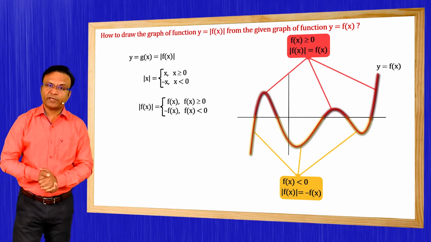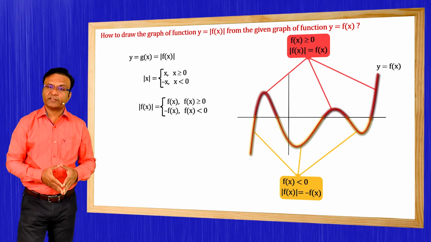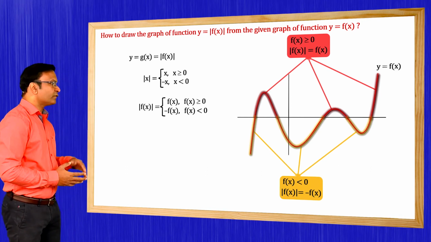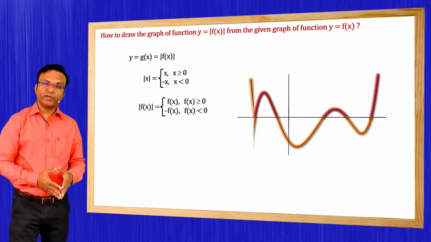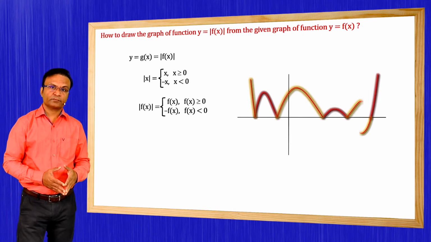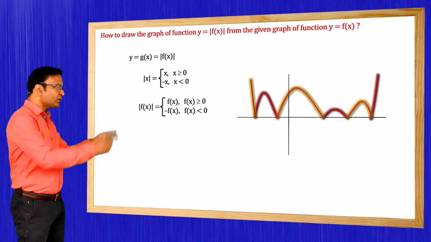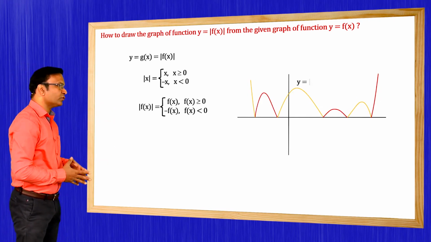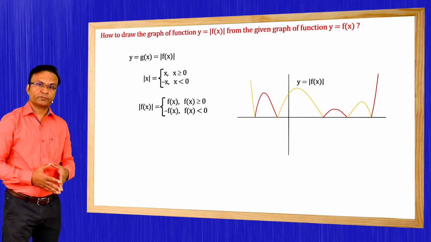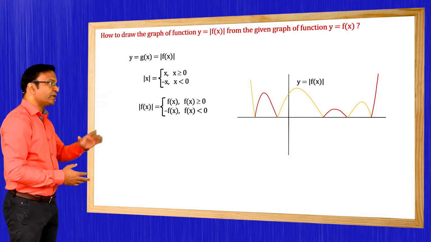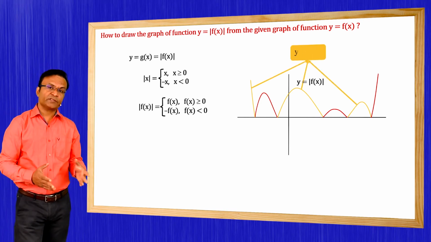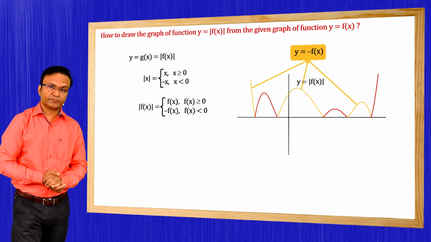And how you can draw the graph of function y is equal to minus fx? You just flip these parts over x-axis. So this is the graph of function y is equal to mod fx. These parts which we flipped over x-axis represent function y is equal to minus fx.